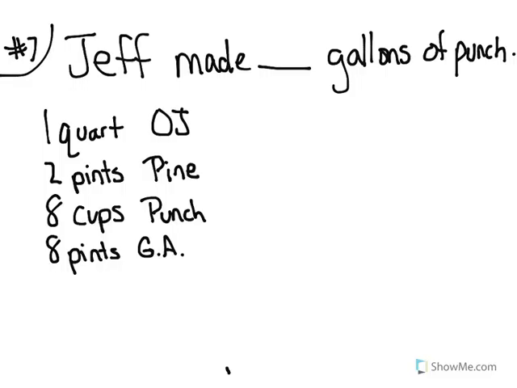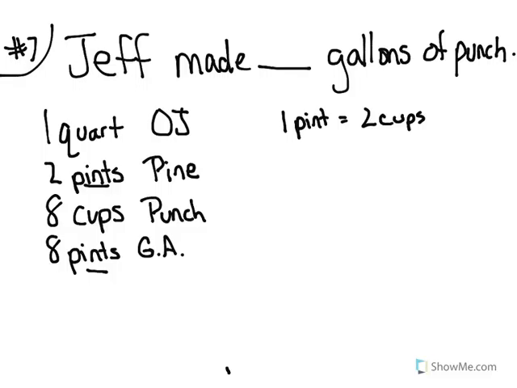Now, the one thing that I notice right away is that 1 pint equals 2 cups. So I am going to start with my cups because I have 2 pints there. I have pints of pineapple and pints of ginger ale. Might be nice to only change the other 2 to pints.